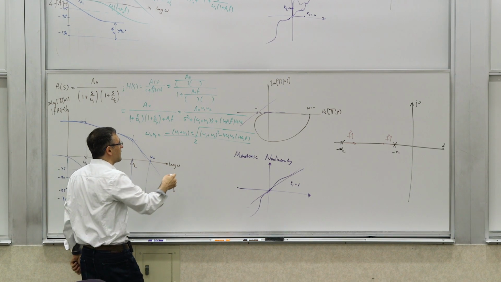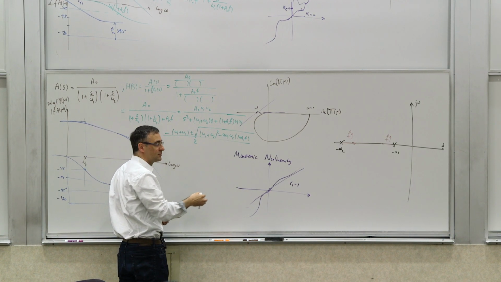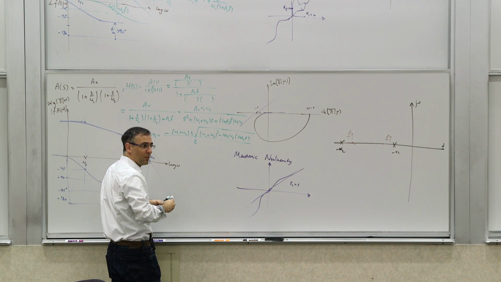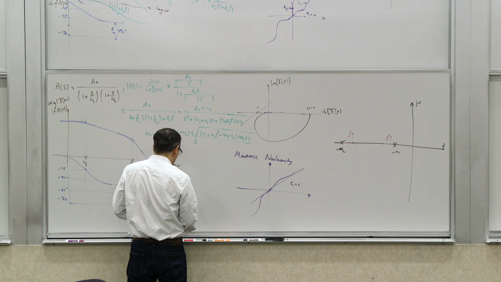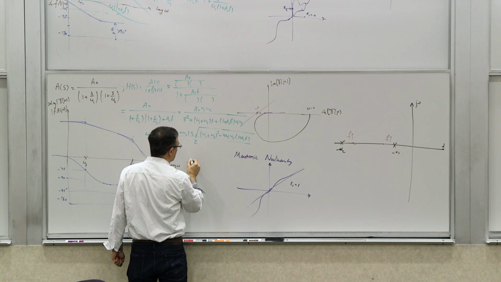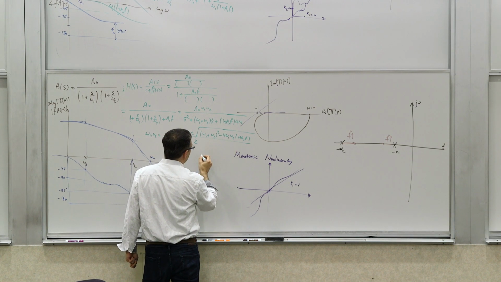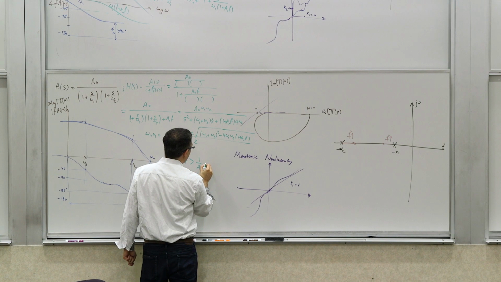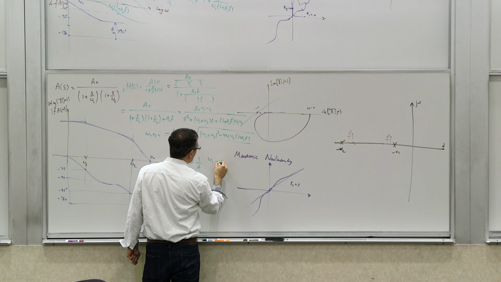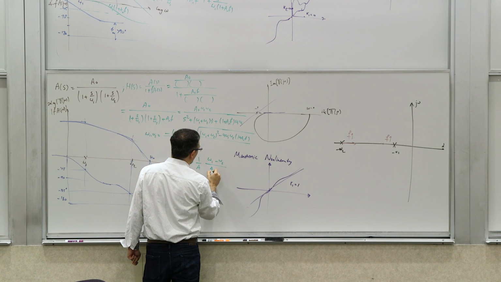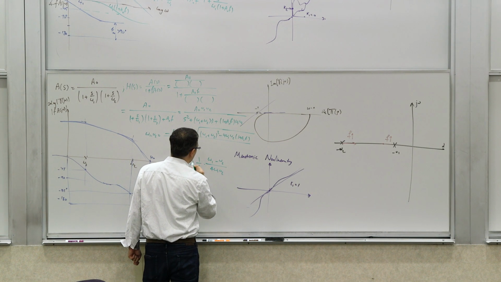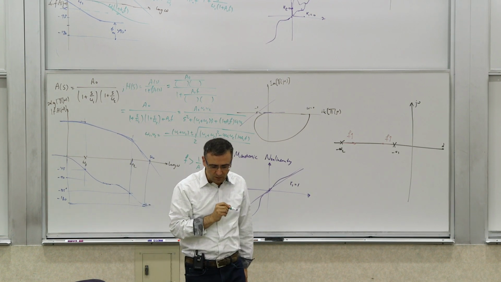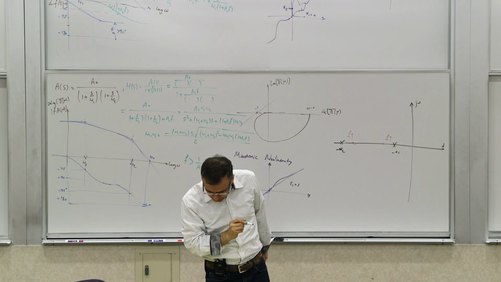At what point do they collide? When this term becomes 0, so omega 1 and omega 2 are the same. When you set it to 0, you can easily see that f is 1 over A0, (omega 1 minus omega 2) squared divided by 4 omega 1 omega 2, if I'm not mistaken. Yes, that's correct.